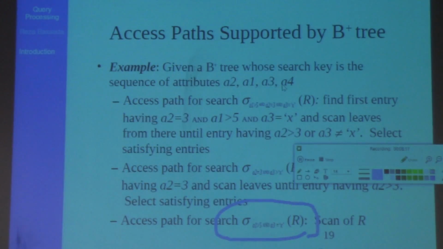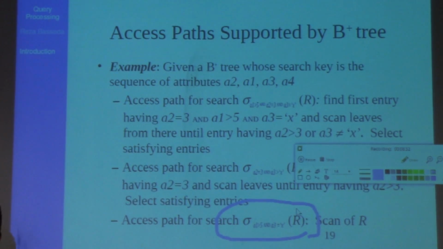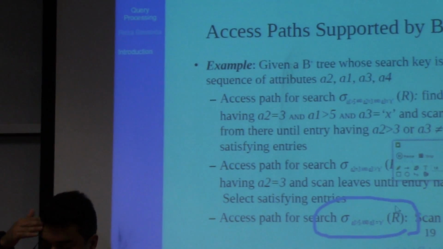No part of the search condition is a prefix of the index. We know that the leaves of the B plus tree are sorted based on A2 first. Since we don't see any A2, the rest of the values are randomly distributed on the leaves, so we cannot use the B plus tree.